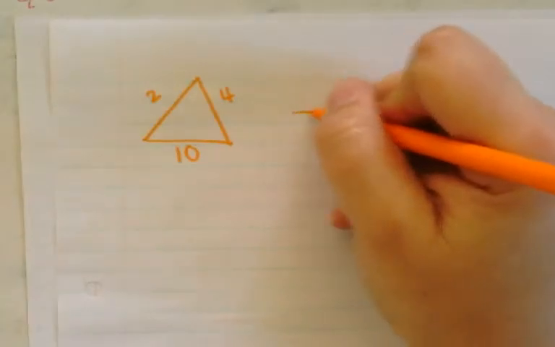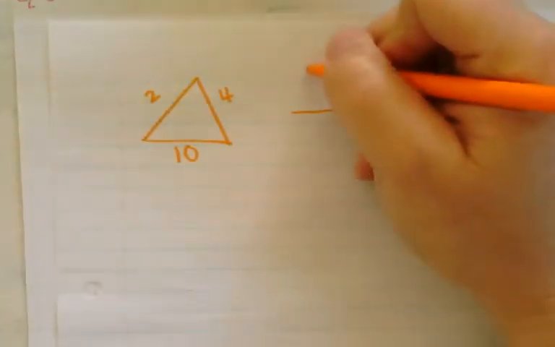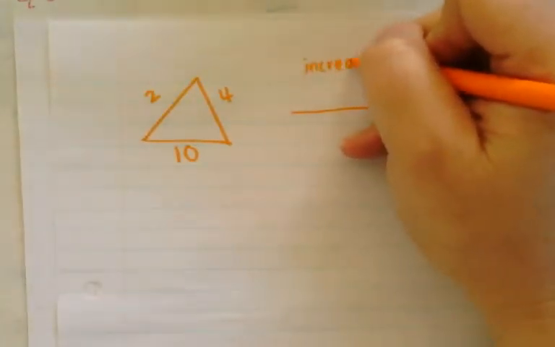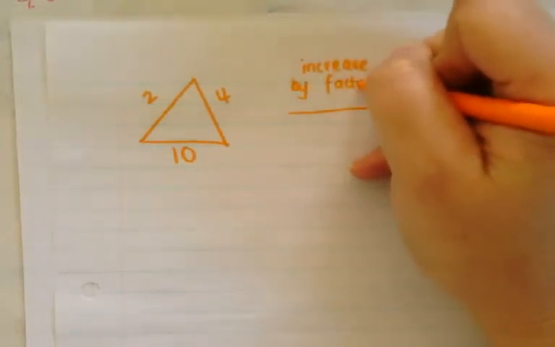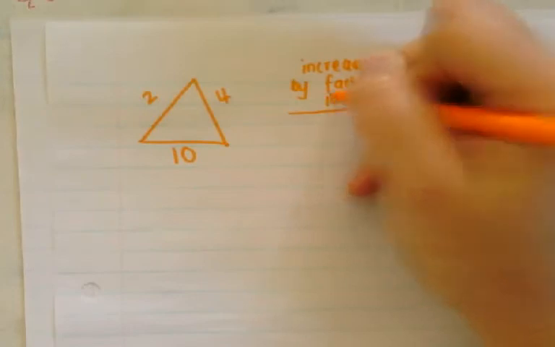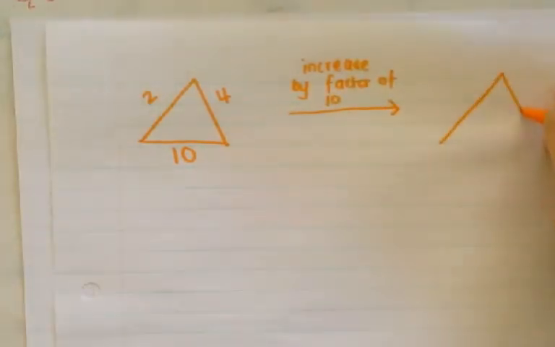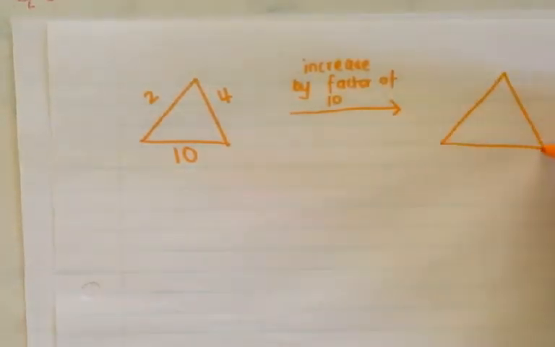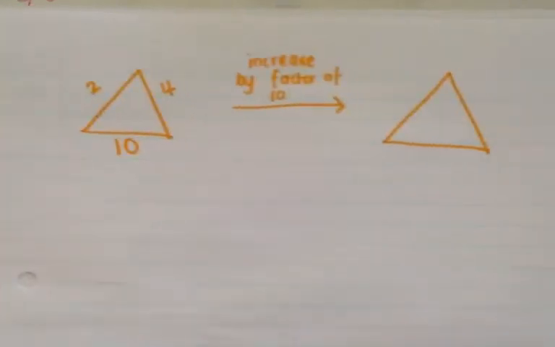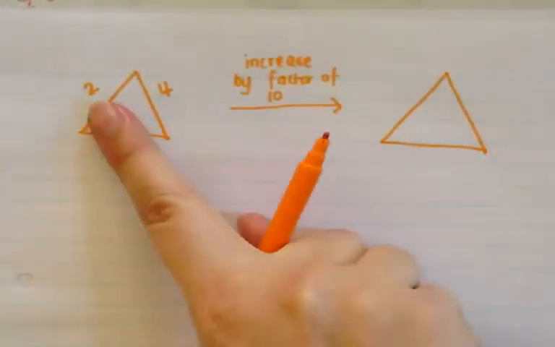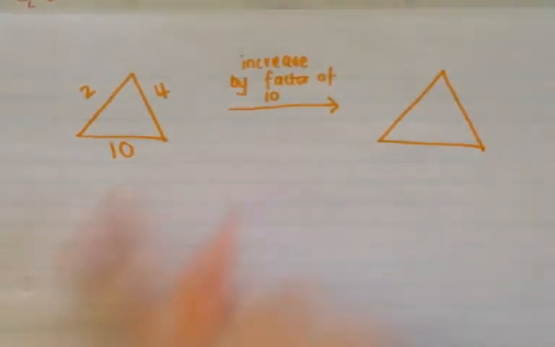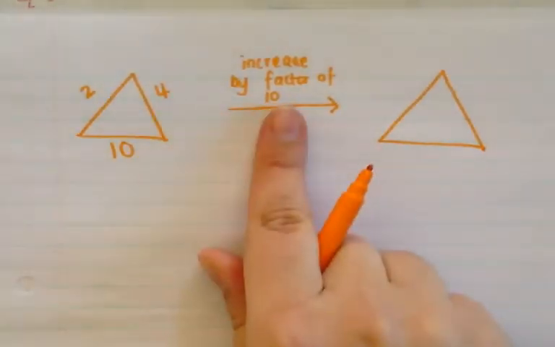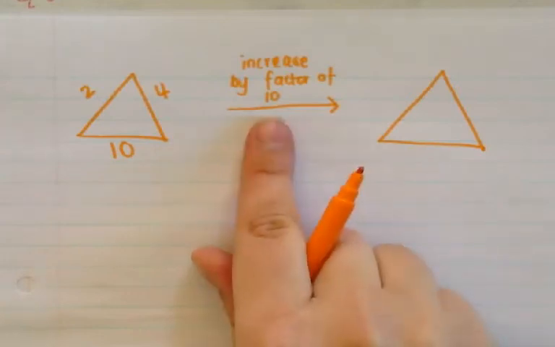So if I want to increase it by a factor of 10, 2 times 10, 20. 4 times 10, 10 times 10.